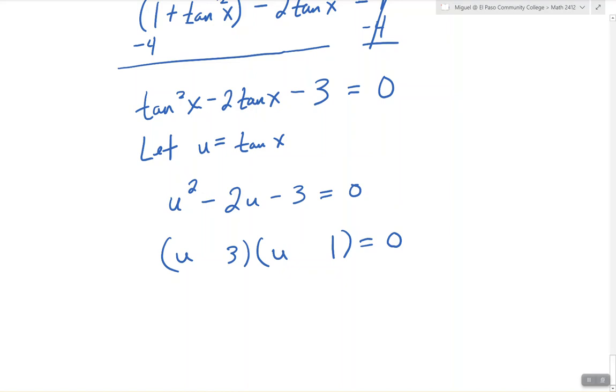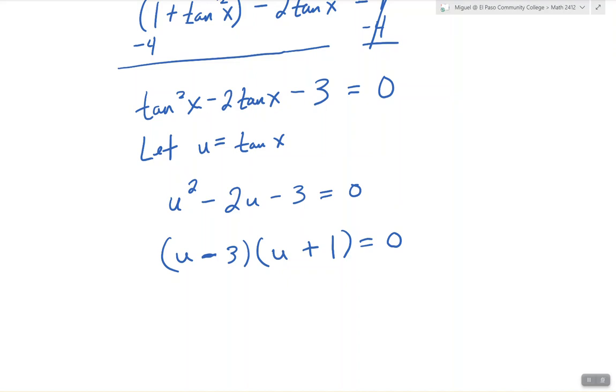So minus 3 plus 1. And then double check that it works for the constant also, right? Negative 3 times positive 1 is negative 3. Because sometimes you're able to get the middle one, but maybe the signs don't work for the constant, and in that case you'll have to do the quadratic formula.